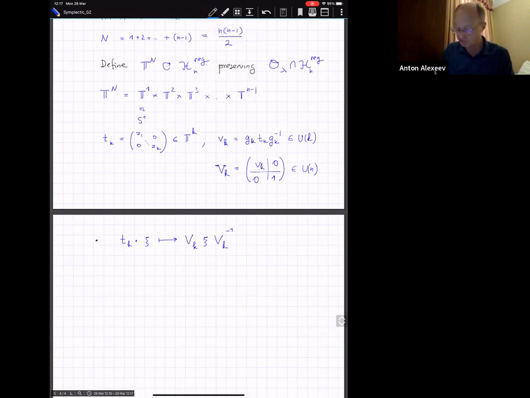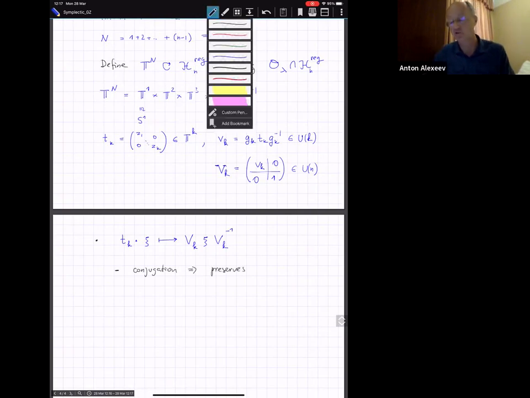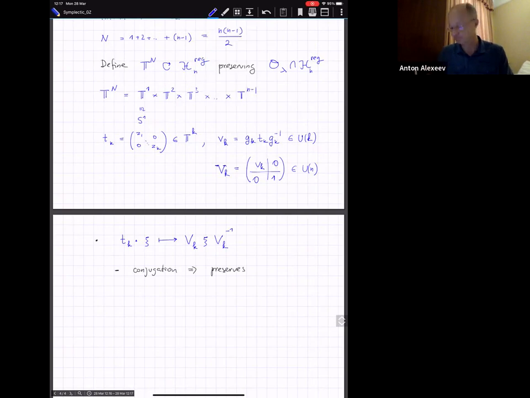So first of all, this is a conjugation, and therefore it preserves eigenvalues. It preserves all lambda.